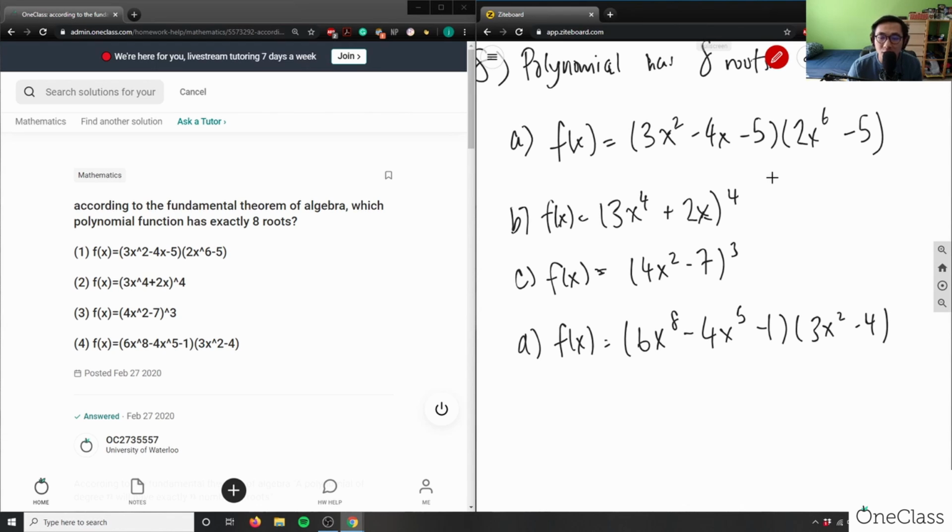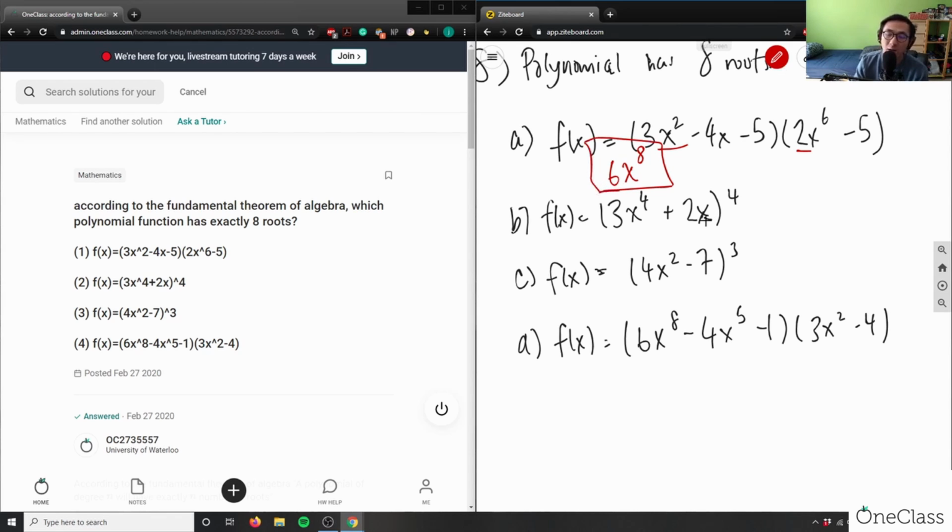If I were to expand this function, I would get 3x squared times 2x to the power of 6, so 6x to the power of 8 is my first term if I multiply these two terms together. I could do this with each term, and so on and so forth. But as you can see, my tall polynomial has a degree of 8. It's going to be my highest degree in this function here. So this has 8 here, which is good because I want 8 roots.